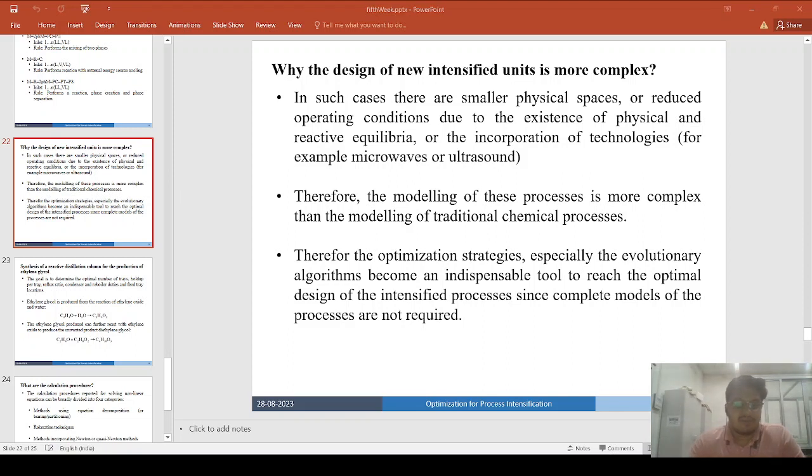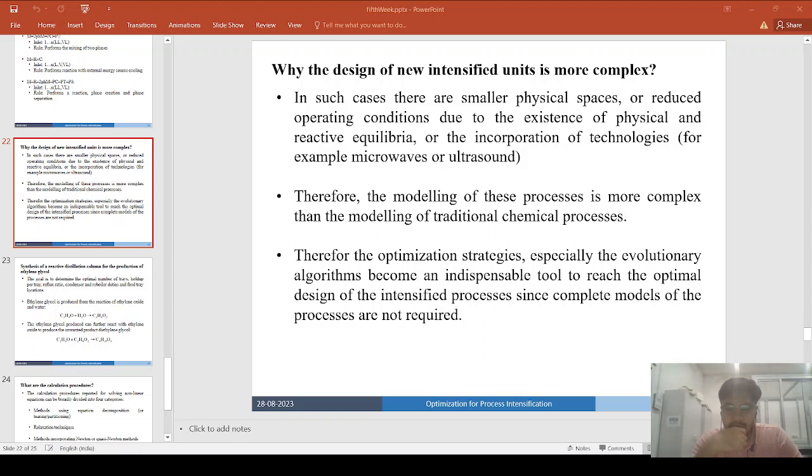Now, why is the design of a new intensified unit so complex? Because in such cases the physical spaces are quite small, since whenever an intensification study is happening, most of the time it is at laboratory scale.